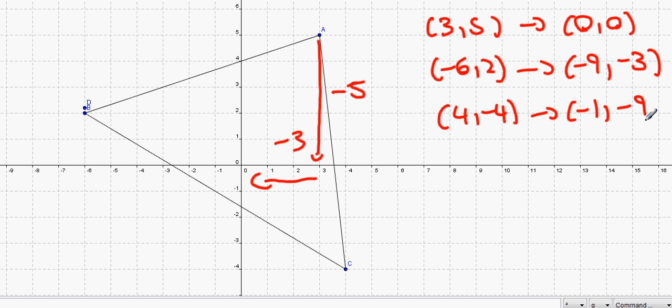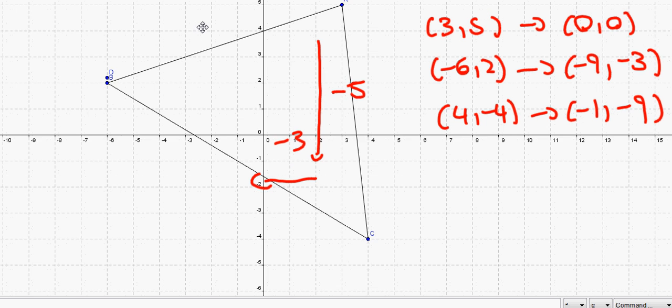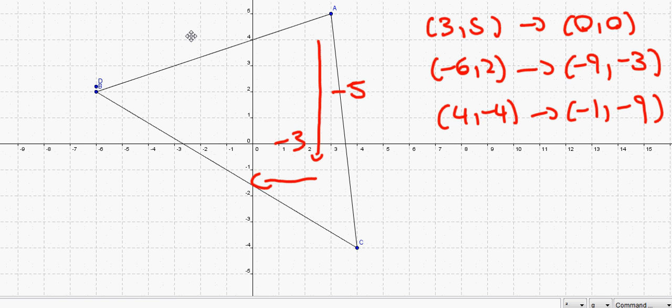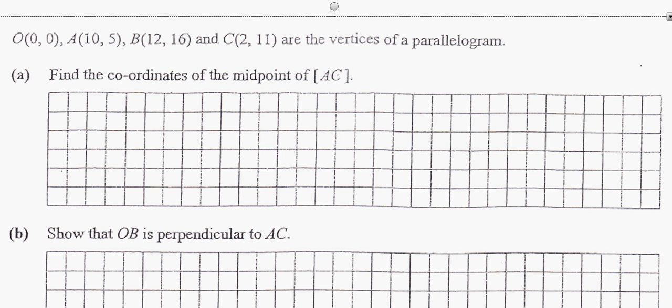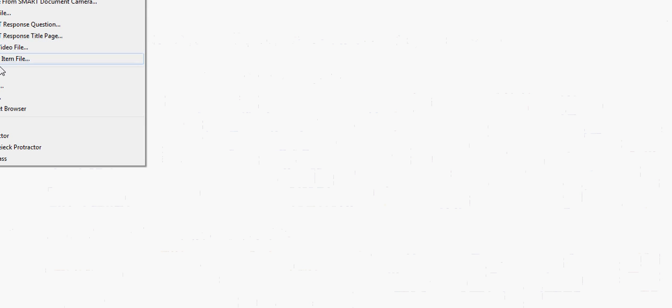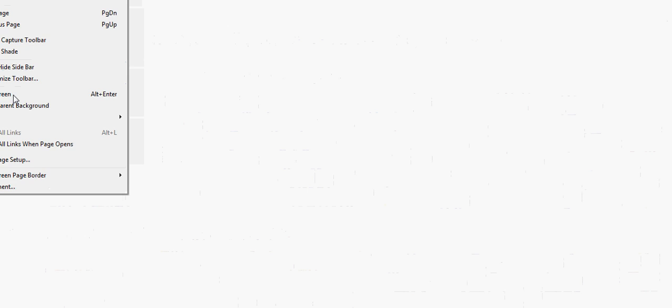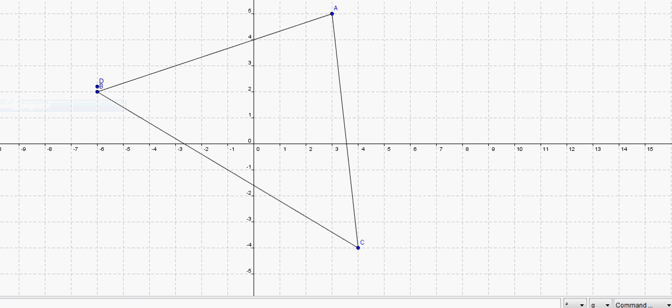So if I was to draw this, you'd see more or less that it's going to be the same triangle, okay? So we'll just have a quick look here now. Okay, so let's see what happens when we draw it in.